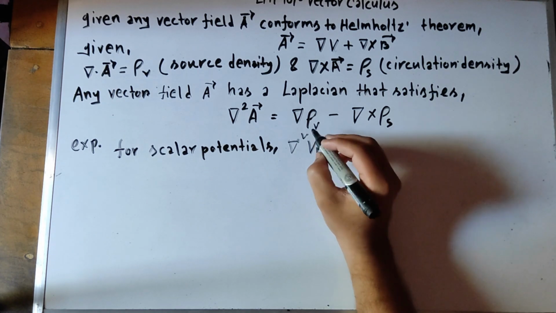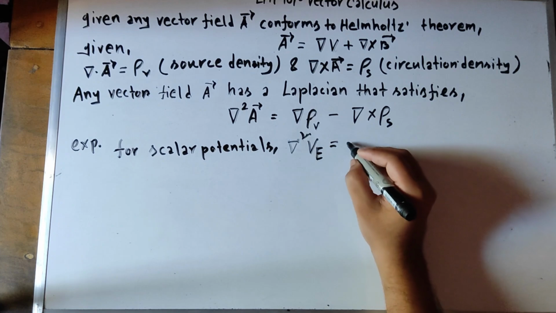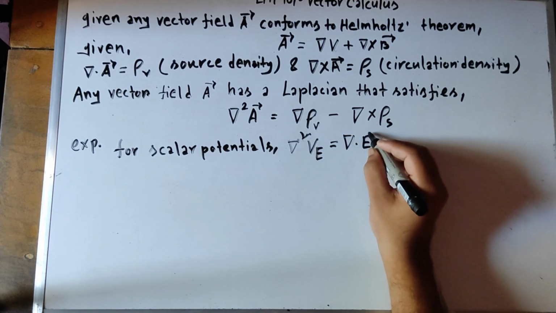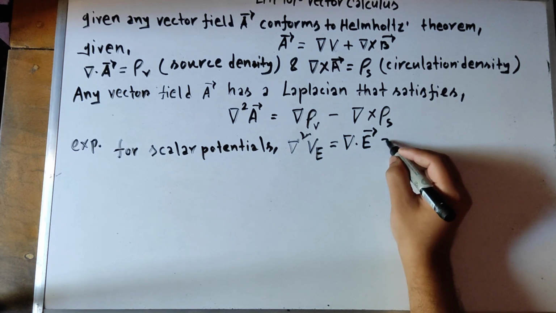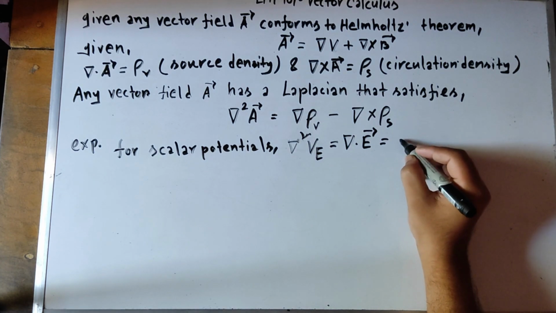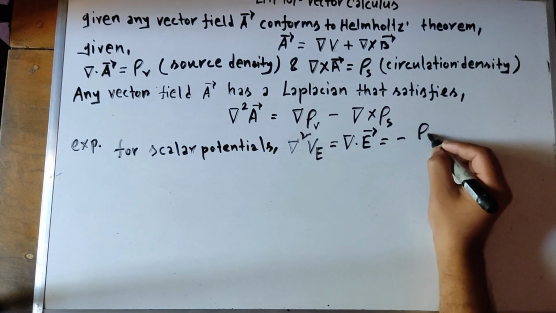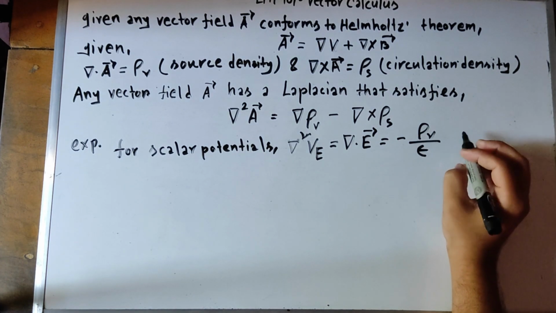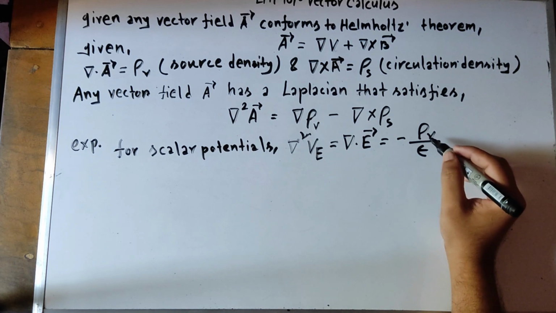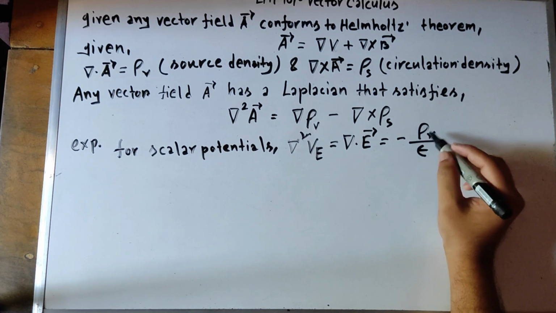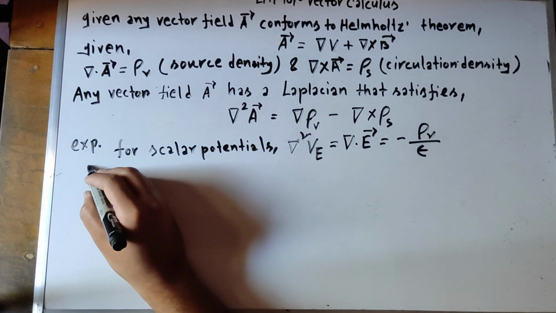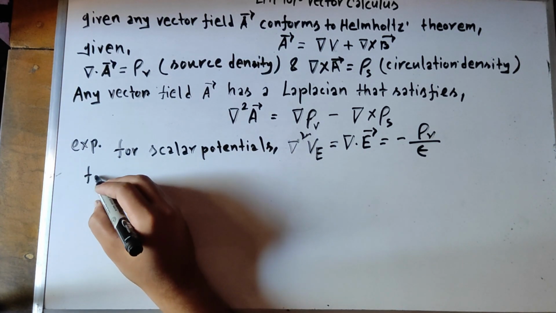I have discussed this in my Laplacian video also. It is the divergence of the electric field intensity, which is a vector, equal to rho v by epsilon in general, where rho v is the volume charge density or source density.